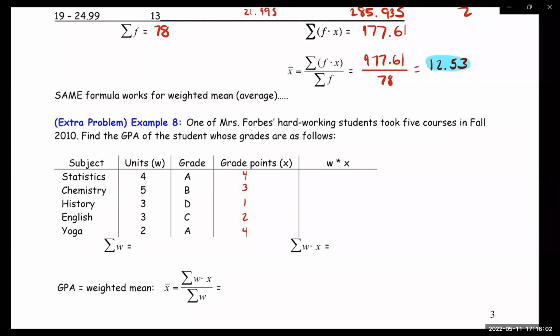All right, so now you multiply the weight times the points. So the weight times the points, 4 times 4 is 16. 5 times 3 is 15. 3 times 1 is 3. 3 times 2 is 6. 2 times 4 is 8. And now we need to add this. That's what this means. Add the column. So if you add up all these numbers, you're going to get a grand total of 48.